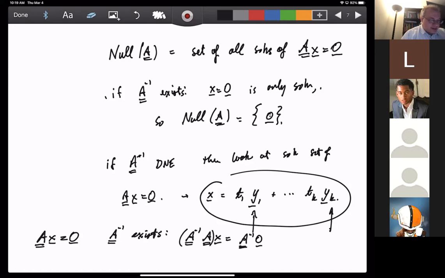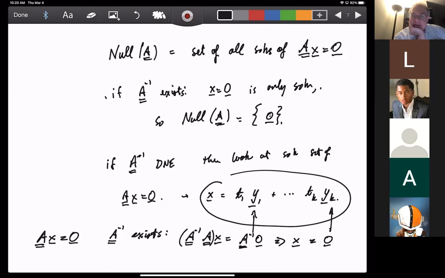Identity times my vector x is just x. Whatever matrix times the 0 vector is going to give you the 0 vector. So is that clear, Aaron? Do you see why the only solution to the homogeneous problem is the 0 vector? Yeah, thank you. Yes, when the coefficient matrix is invertible.